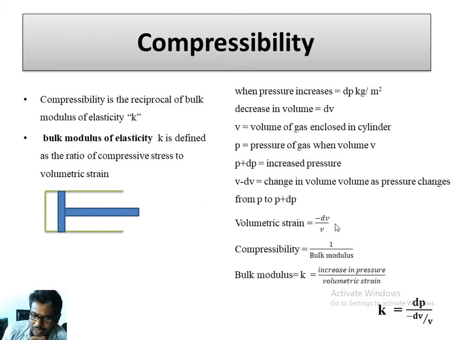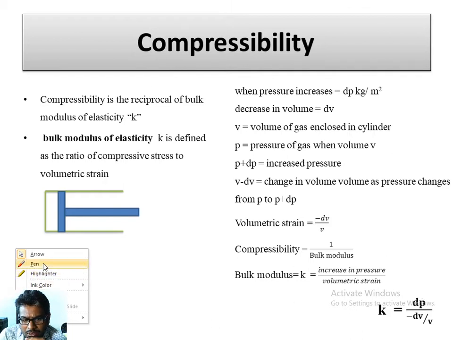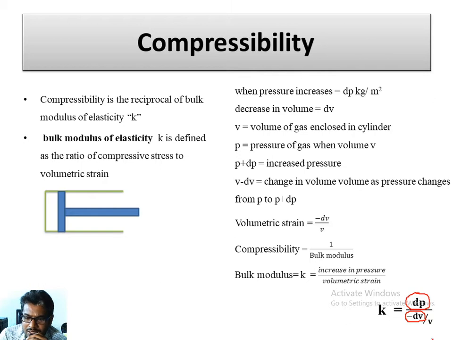As we know, the formula of bulk modulus K is equal to the increase in pressure to volumetric strain. So now the formula becomes the change in pressure, that is dP, and the change in volume is minus dV, where the minus sign indicates the compression of fluid relative to the original volume.